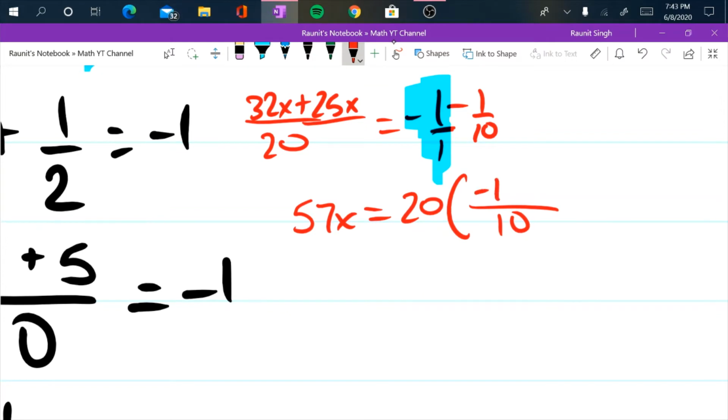So we're going to get -10 minus 1 over 10, and then that's going to be x.